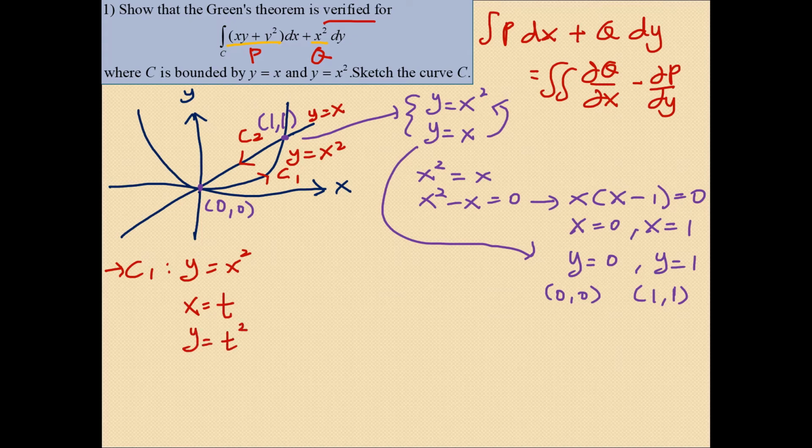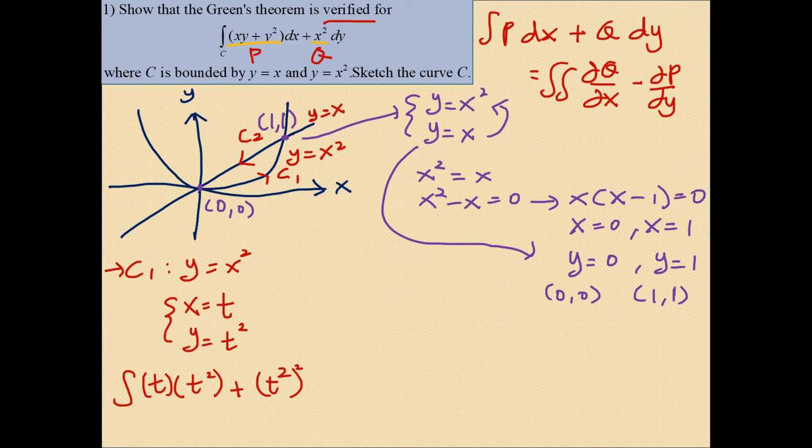This is the parameterization, the first step of the line integral. Now you substitute both equations into P dx plus Q dy. So x is equal to t, y equal to t squared, and then plus y squared, t squared to the power of 2. And what is the x?